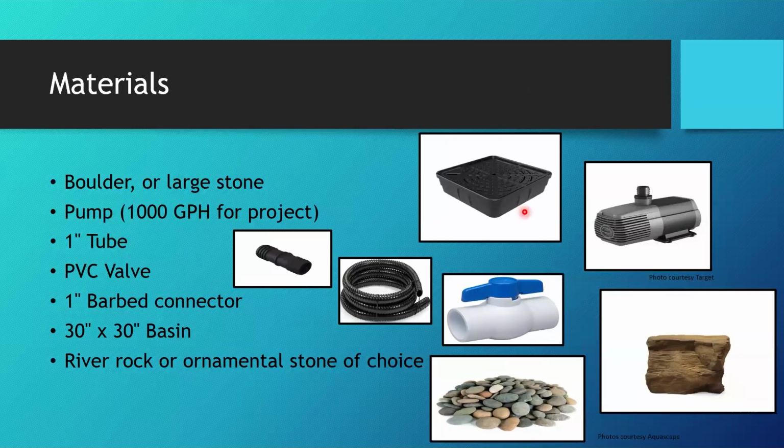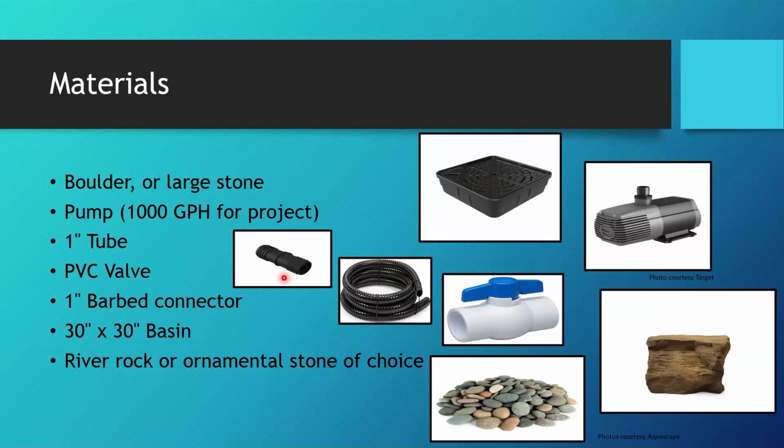Note, there's a basin reservoir at the top here. Now, these basins will vary in size depending on your fountain style. You could also opt, instead of a basin like this, to dig out a space and use a vinyl liner. There are other options. That is another option for you. But this one is pretty simple to install.